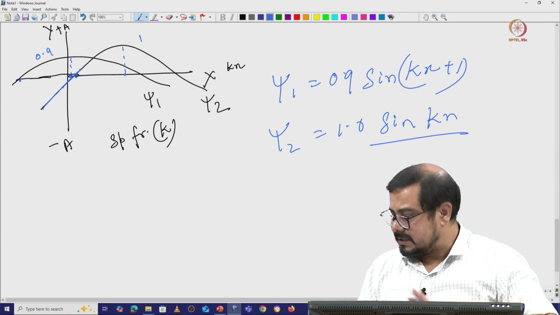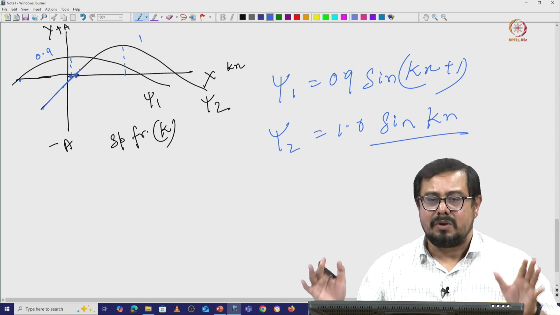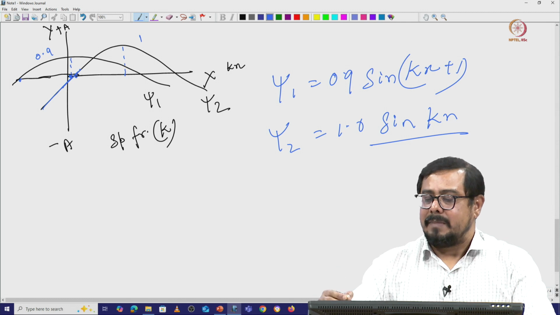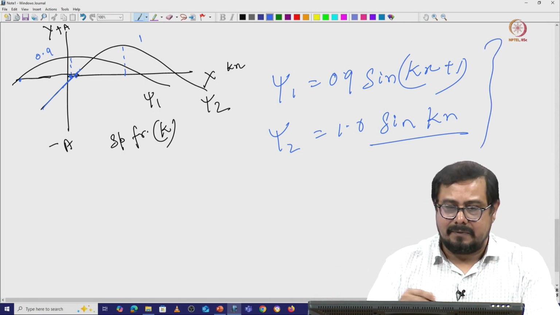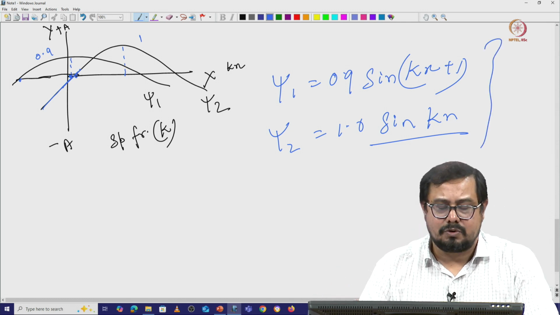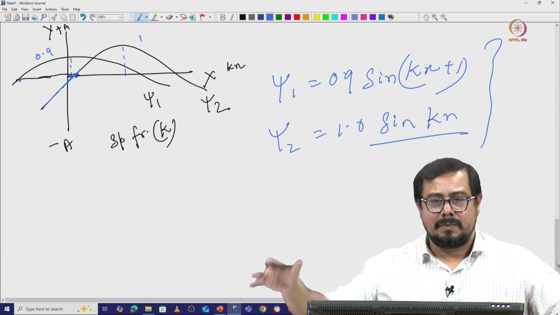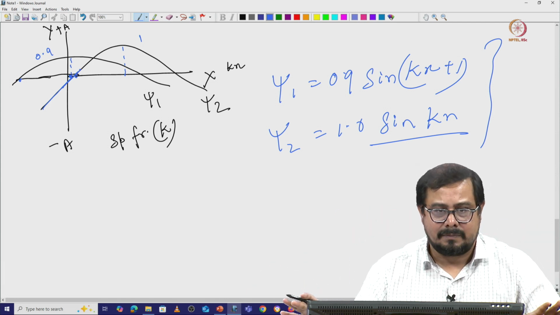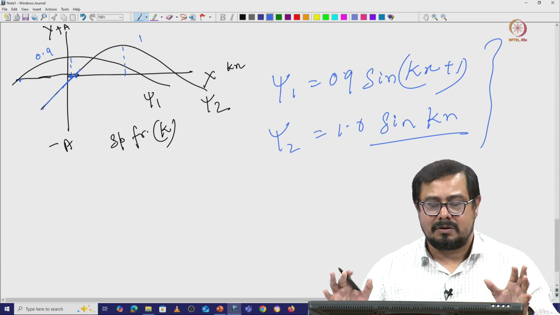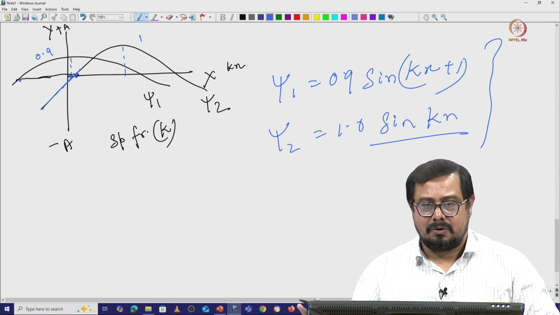Now when there are waves like this, we have to add them together. Mathematically, definitely we can add both waves together, and we would get a huge mathematical derivation. We are not going into that part because that is not the topic of this particular course.